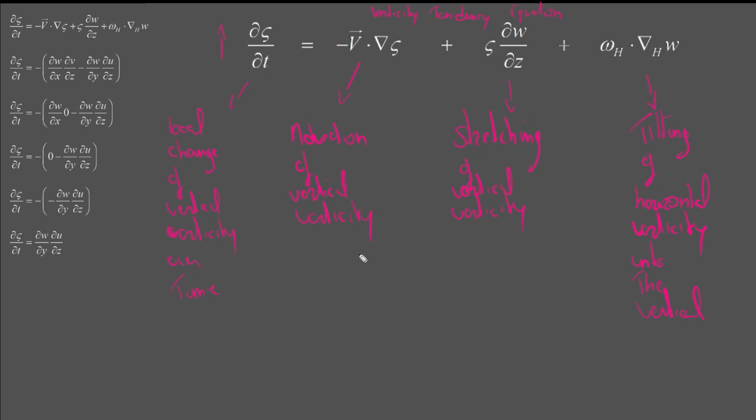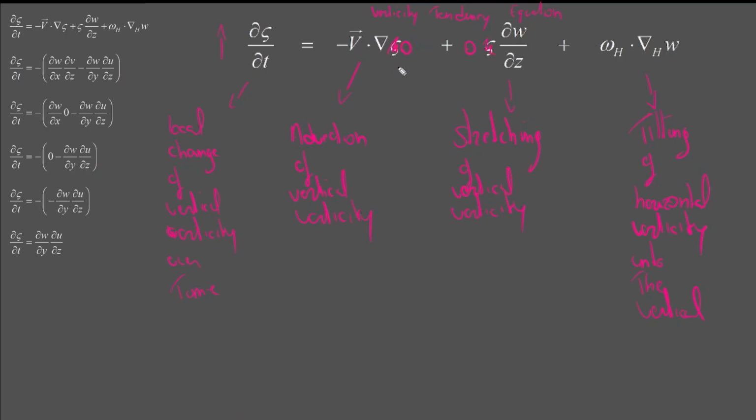Now, say, for example, we've already know that vorticity or vertical vorticity in meteorology is a zeta, right? You see a zeta in here, you see a zeta in here, right? Which means that these aspects of the vorticity tendency equation, they need zeta to begin with. So say, for example, there's no vorticity at all at your location, which means that this one, zeta, is 0.